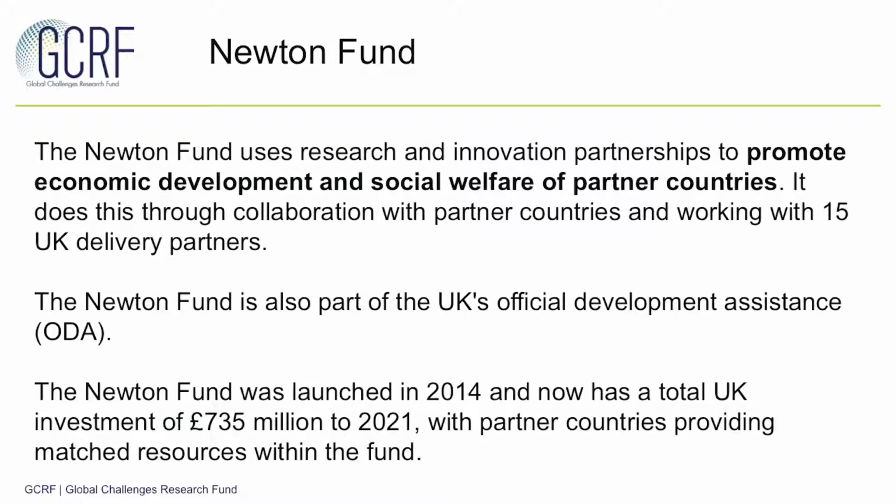Just before we get on to the Global Challenges Research Fund in more detail, I wanted to highlight some of the differences between the Newton Fund and the Global Challenges Research Fund. The Newton Fund has a very significant feature about the need for intergovernmental commitment, and it's very much focused on working together jointly with overseas governments to identify common priorities.